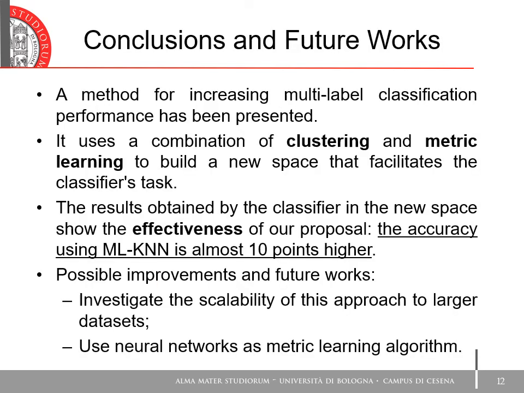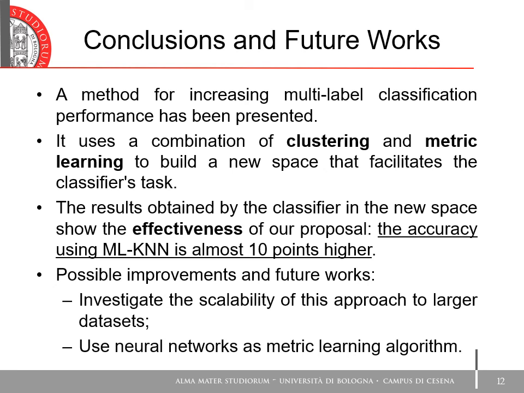In conclusion, a method for increasing multi-label classification performance has been presented. It uses a combination of clustering and metric learning to build a new space that facilitates the classifier's task. The results obtained from 3 different multi-label datasets confirm the effectiveness of the proposed solution.